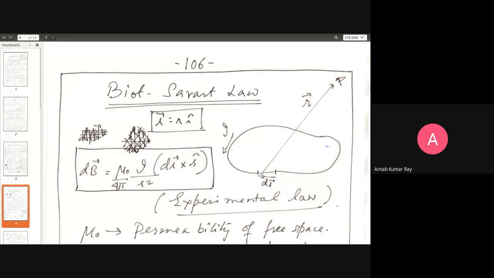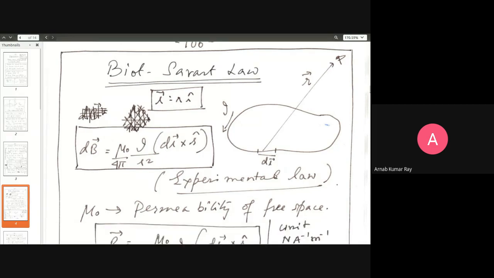This small line segment is to be treated as an infinitesimally small object, but not exactly of zero dimension. It still will be linear, therefore it will have a small one-dimensional linear value dl. So this is an experimental law.